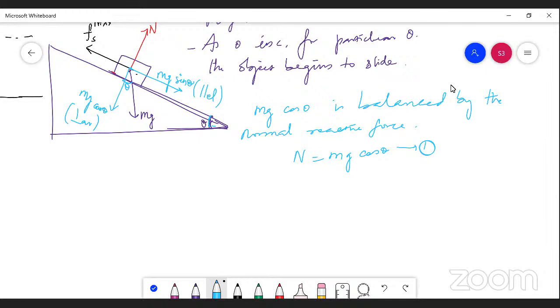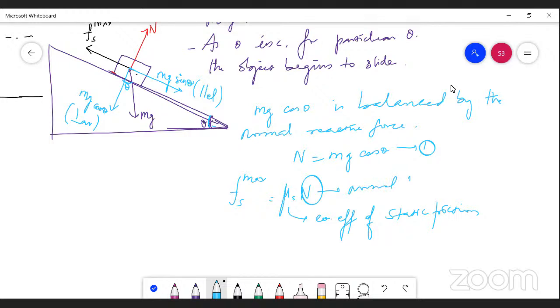Also, we can say here the static friction value has attained its maximum. So, as per the relations which you have studied earlier, Fs maximum is equal to mu s into N, where mu s is the coefficient of static friction and N is the normal reactive force, the normal force acting on the mass.